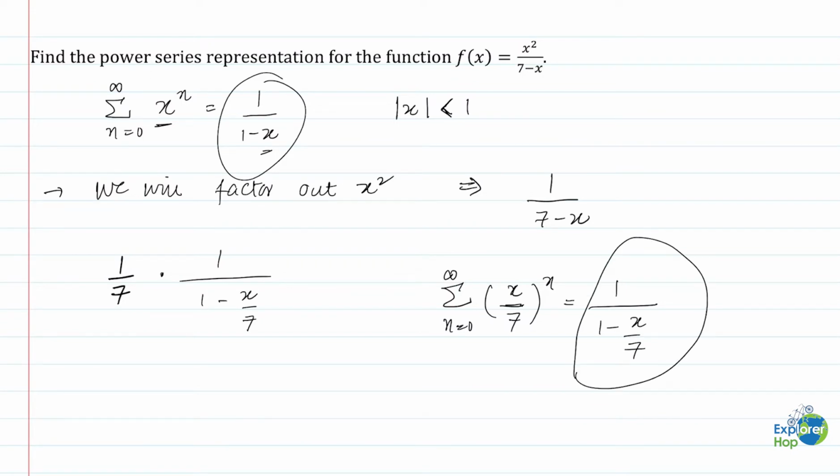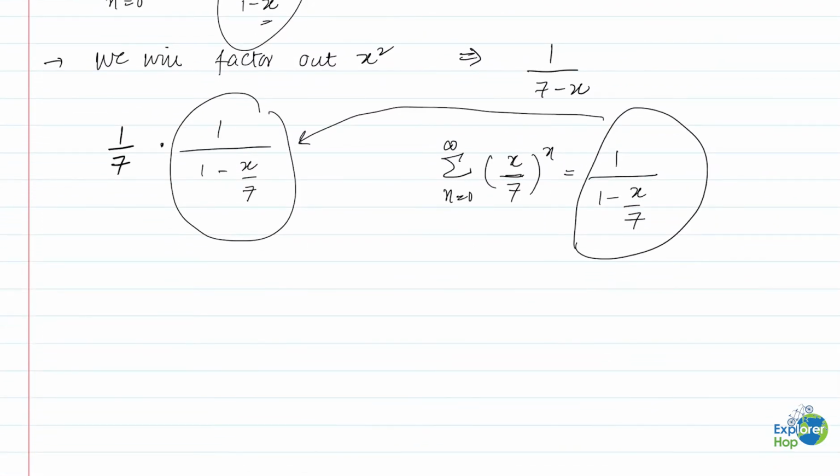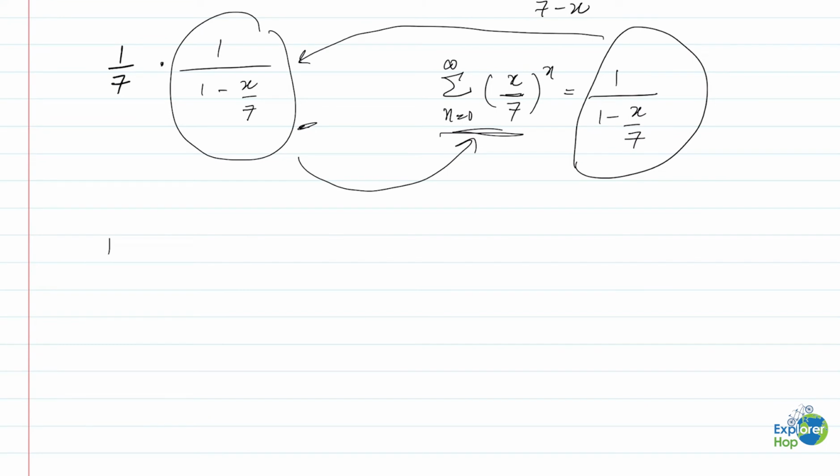So this is exactly the function that we have here. We can replace this function with its power series equivalent. If we rewrite it, we would get 1 over 7 times the summation n equals 0 to infinity of (x over 7) to the power n.